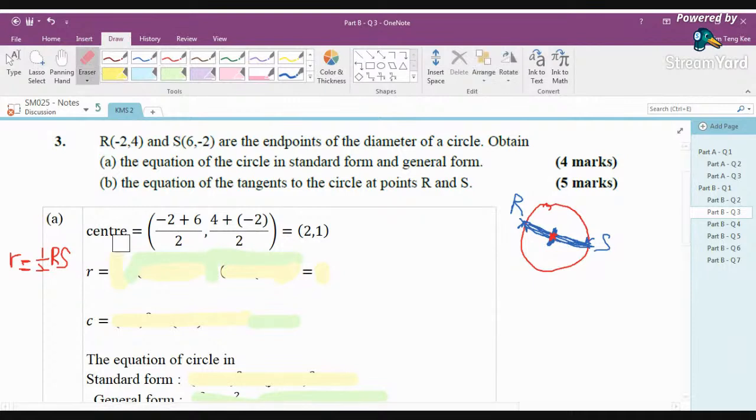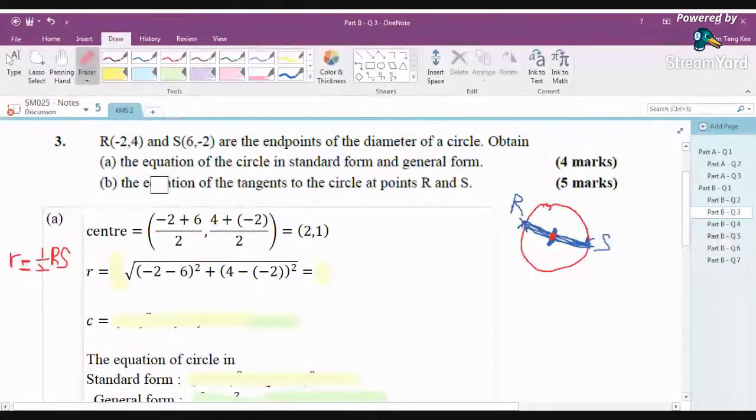Therefore, we calculate the length of the line RS as the square root of the difference between point S and point R, squared. I'm using point R minus point S to get the result.